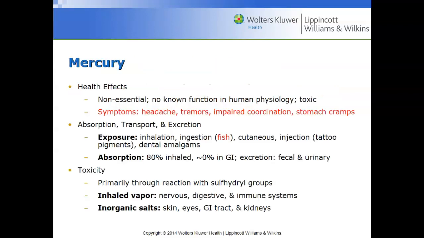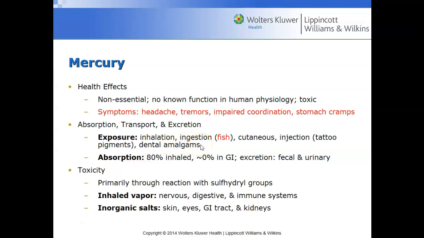Mercury, I'm sure that y'all have heard about mercury, especially in relation to seafood. Mercury is non-essential. There is no known function in human physiology. The symptoms of mercury poisoning include headache, tremors, impaired coordination, and stomach cramps. And here the main points of exposure are inhalation.